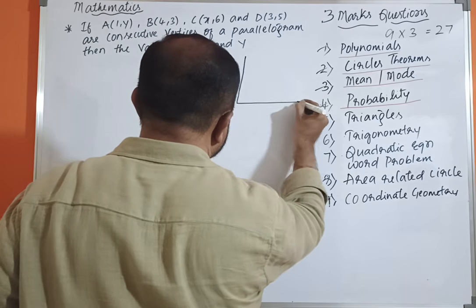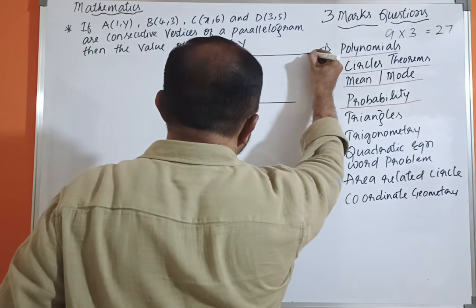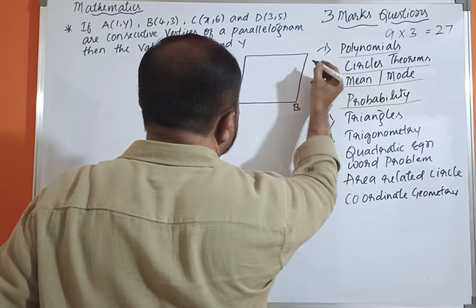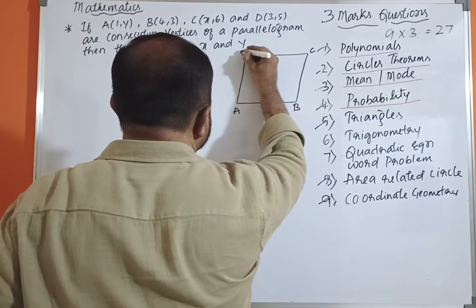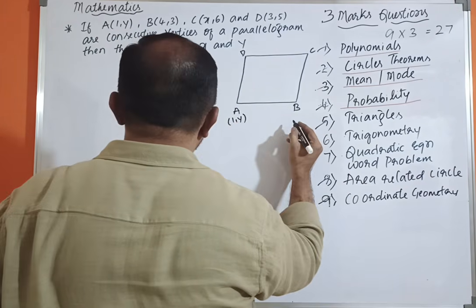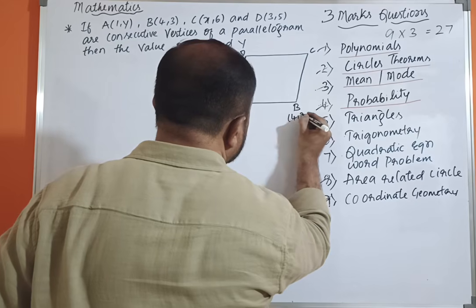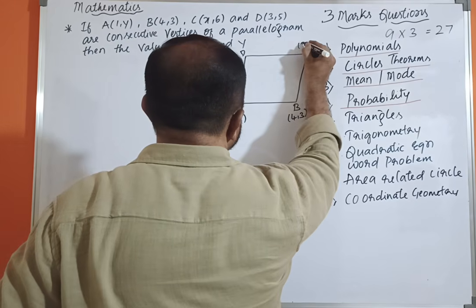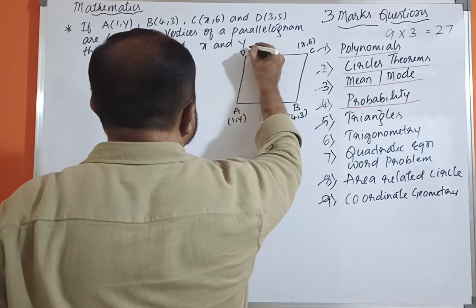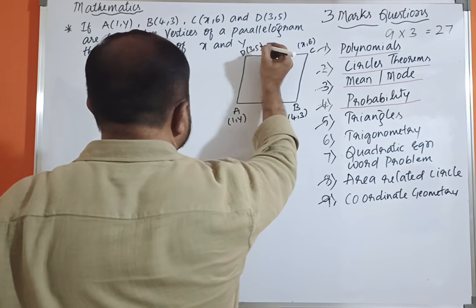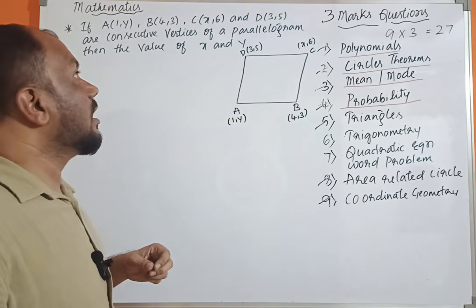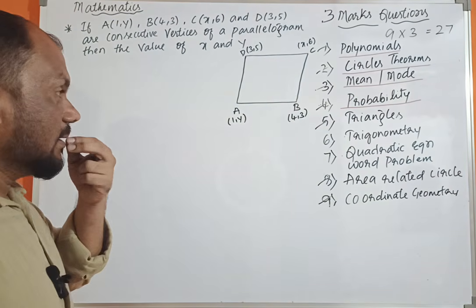First thing you should note is that ABCD is a parallelogram. The coordinates of A are 1 comma y, B is 4 comma 3, C is x comma 6, and D is 3 comma 5. They are asking you to find the value of x and y.